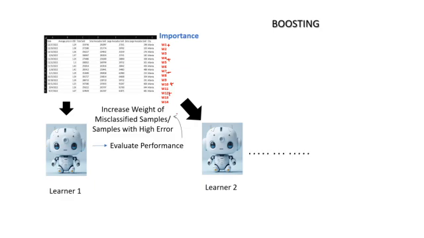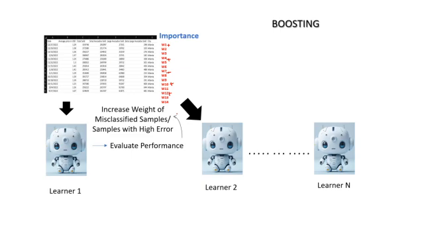This continues up to n learners in your ensemble. So the first difference from bagging is that the training process happens sequentially in boosting, whereas in bagging it was happening in parallel.